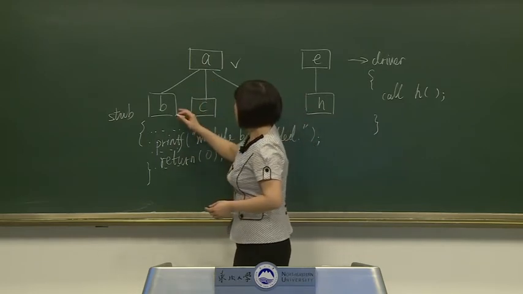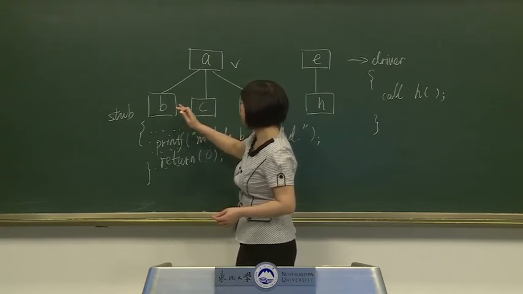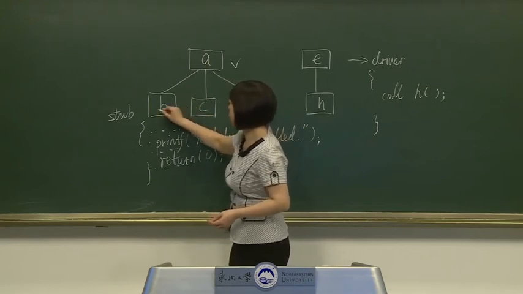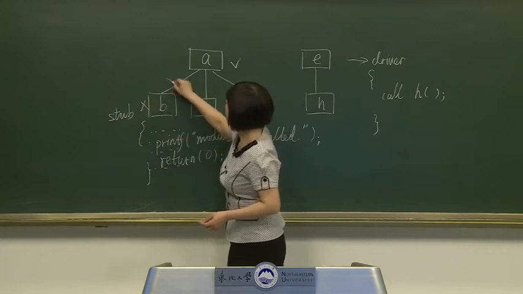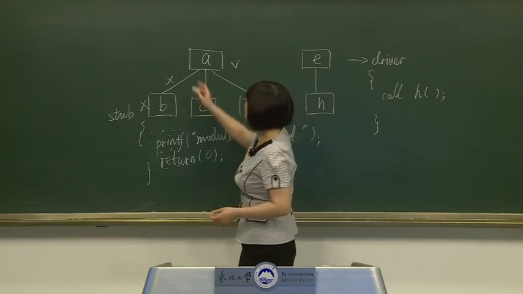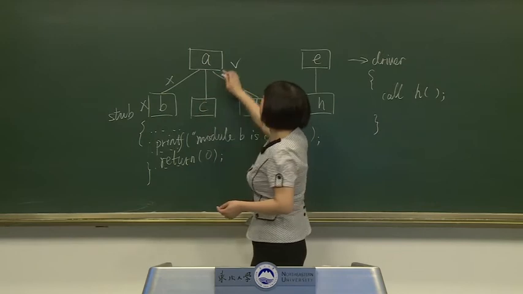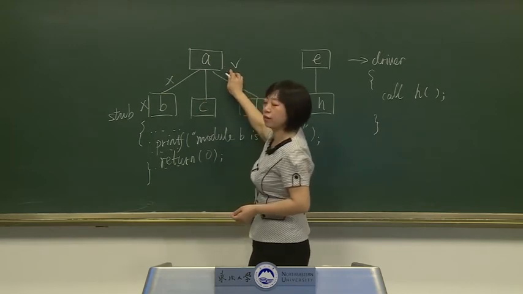So now if we get some problem, the problem should lie in module B or in the interfaces. It should not lie in module A because module A has been proved to be perfect.